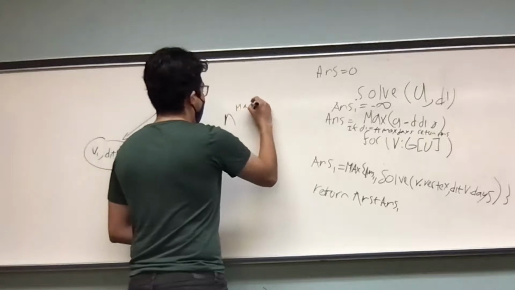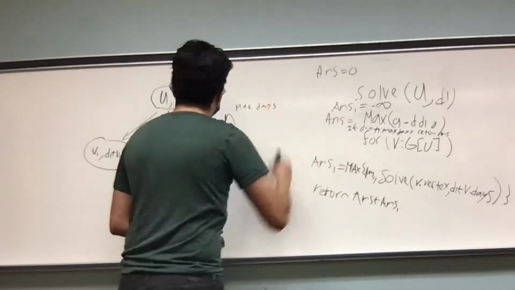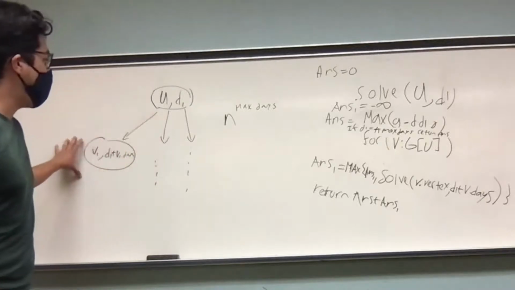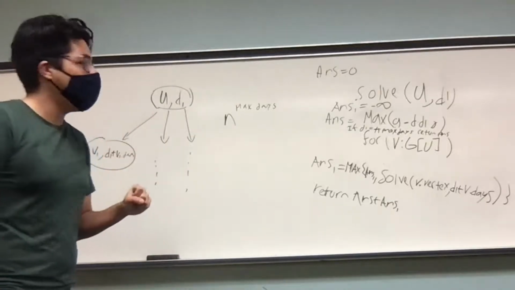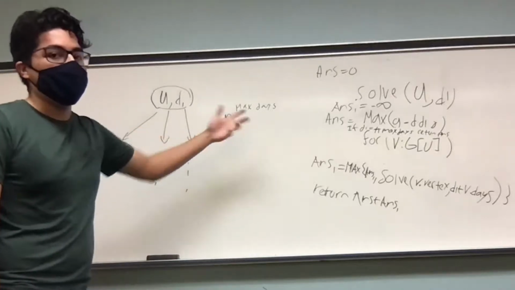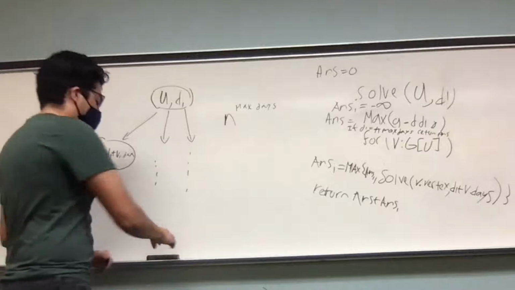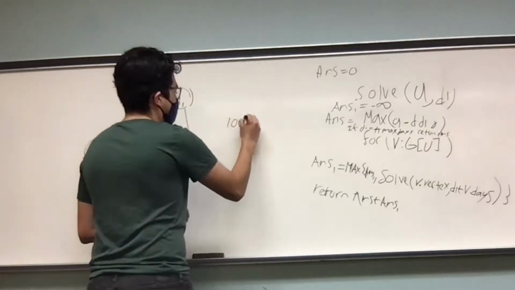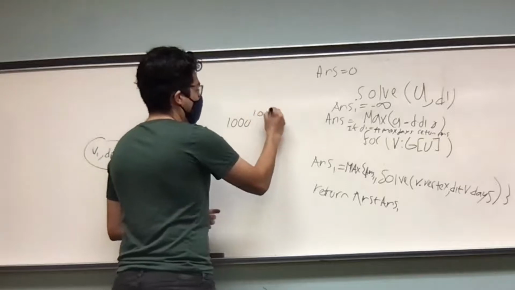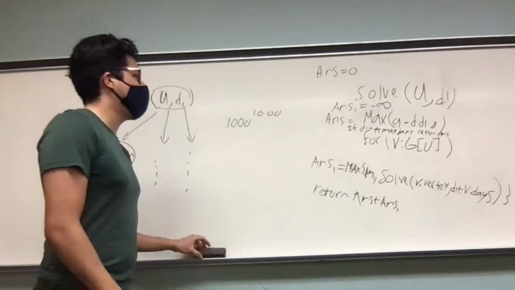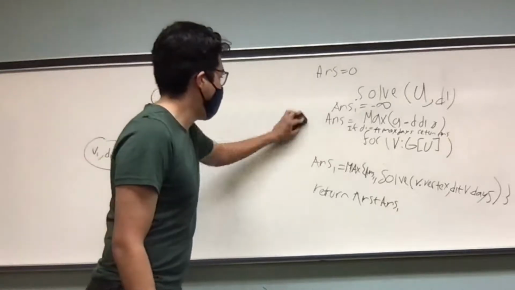In our solution, we have n for each layer, and the depth is going to be the max number of days. So n to the max number of days, which is like 1,000 to the 1,000. So this never runs in our lifetime. We don't get the solution working in a contest.